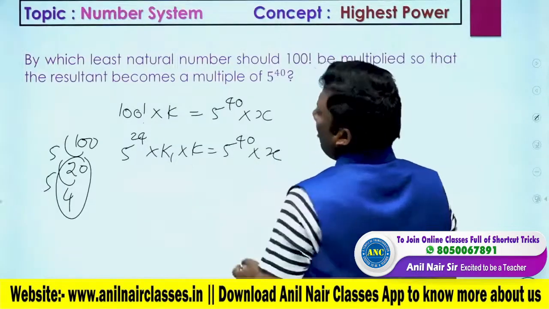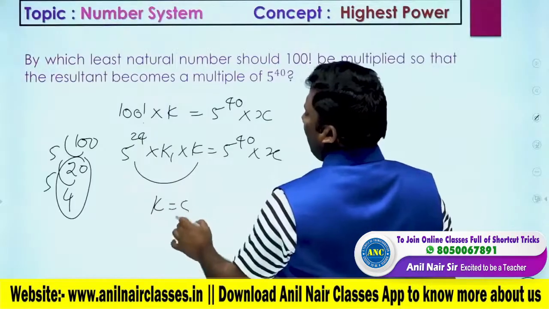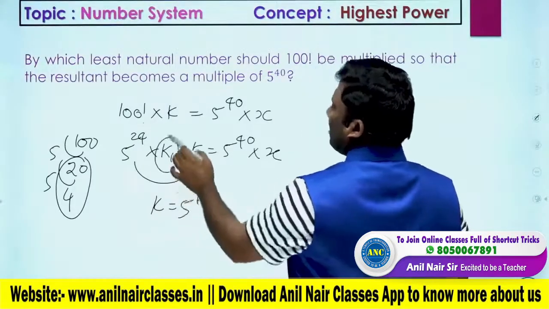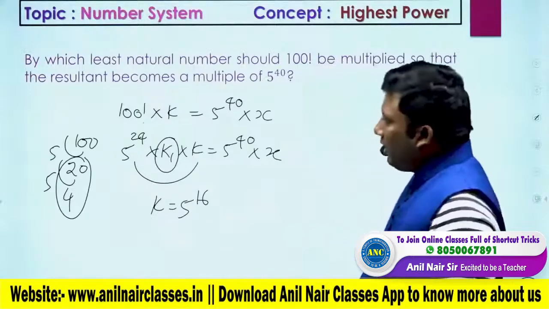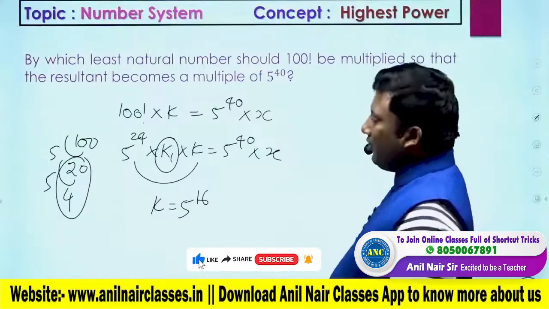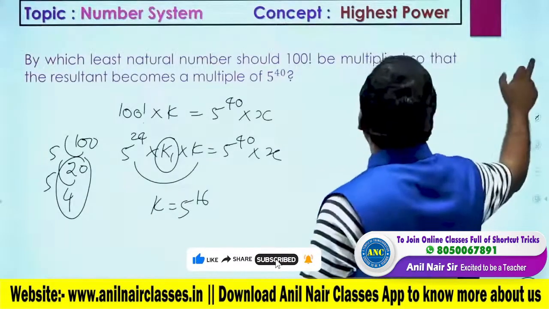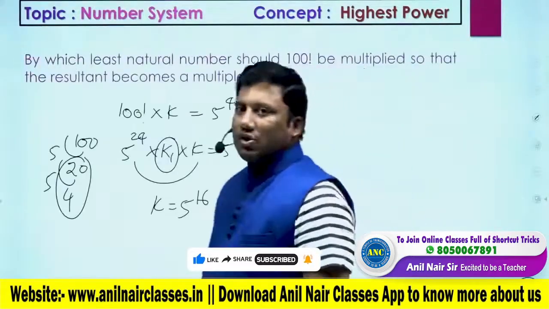So by how much should it be multiplied? 5 power 16, because k1 is a prime number, prime bases other than 5. So k will be 5 power 16. For 24, 5 power 16 becomes 5 power 40. These are all easy questions.